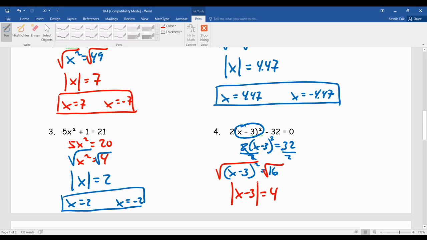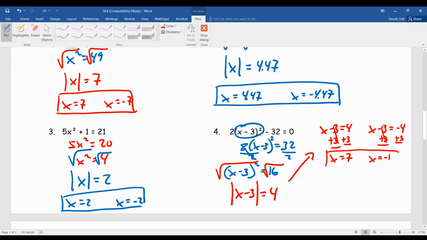But if you remember back to our absolute value days, we drop the bars, write the same exact thing, but then we do a second one because we want to look at the other side of the number line, set it equal to negative 4, and we actually have to solve both of these. We get x equals 7, and if I add 3 here, I get x equals negative 1.